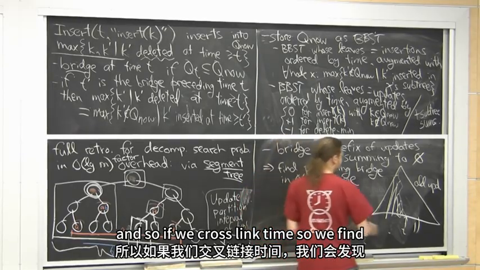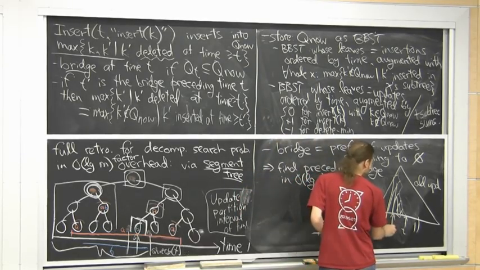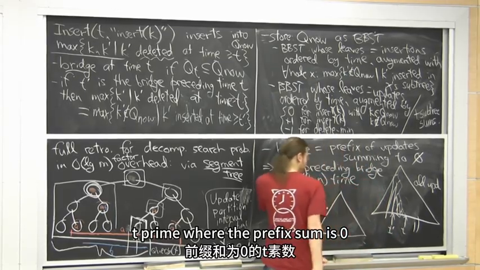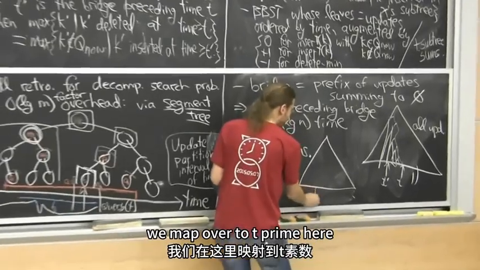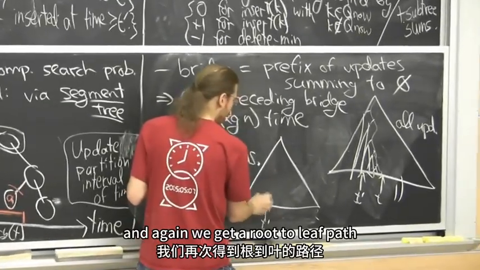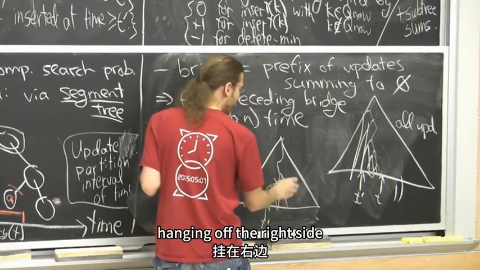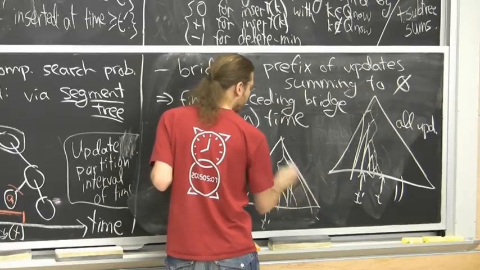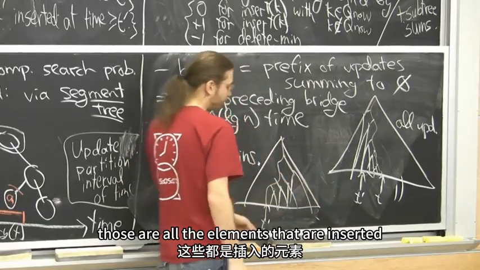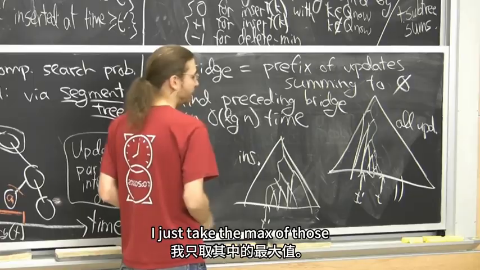And so if we cross-link time, so we find t prime where the prefix sum is 0. We map over to t prime here. And again, we get a root to leaf path. And now we look at all of the elements hanging off the right side. Those are all the elements that are inserted after time t prime. I just take the max of those.